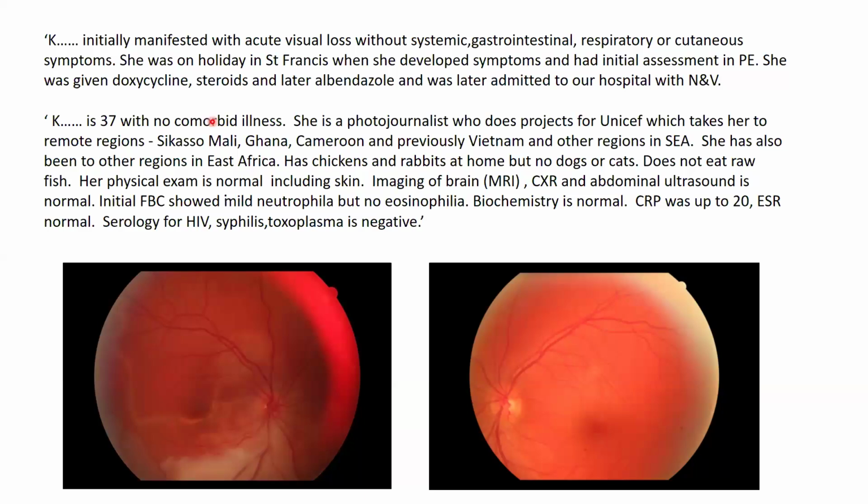At the time, in fact, she had a diagnosis from a specialist ophthalmologist, so we knew what the diagnosis was. But you can see all the investigations that were done in the course of getting the diagnosis.